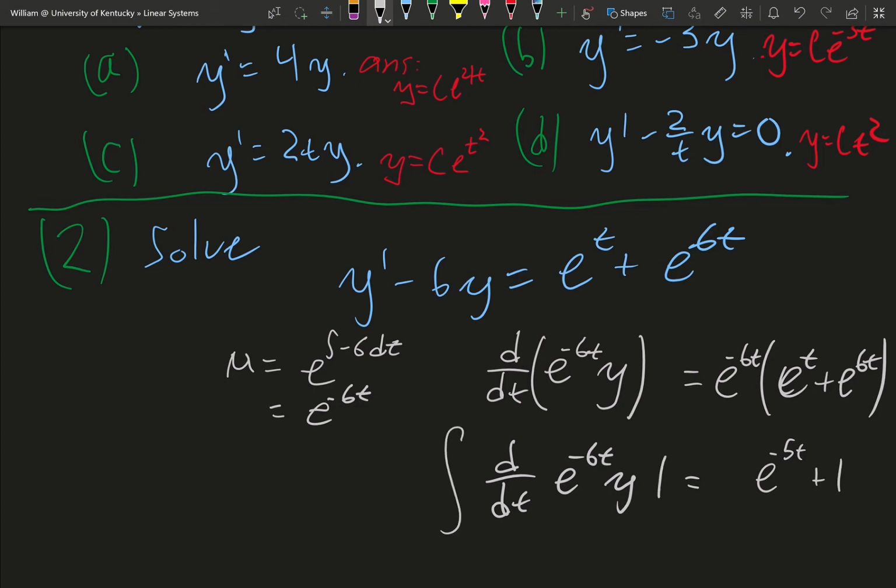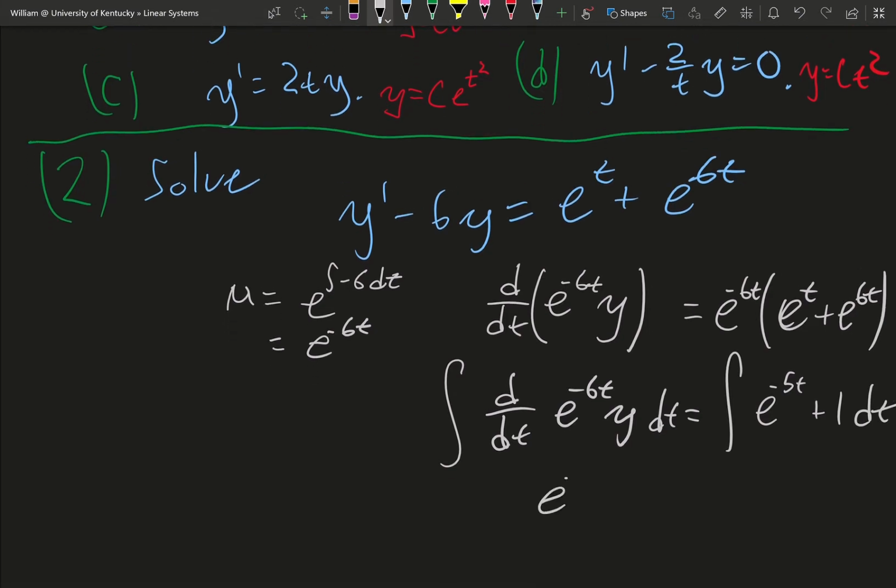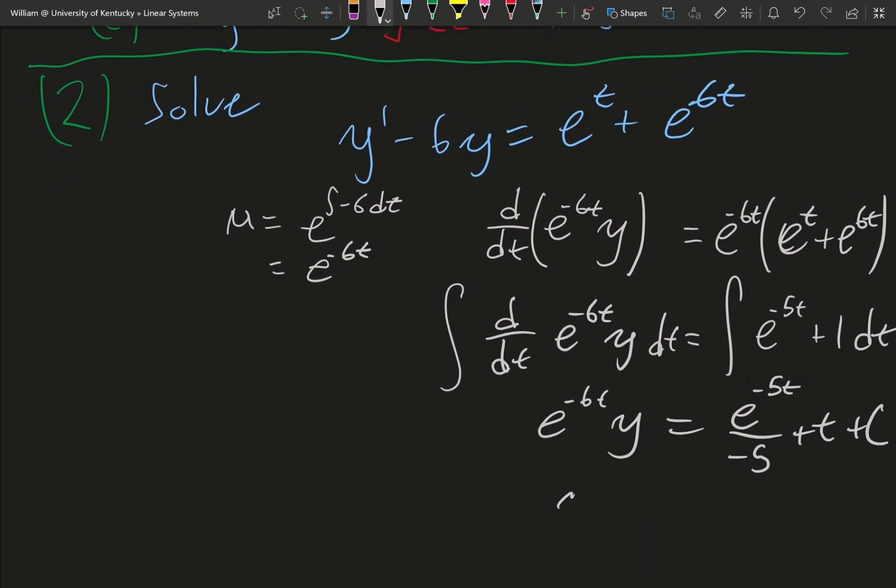Now to get rid of the derivative, we just integrate both sides. Here everything just cancels. Here we get e to the negative 5t over negative 5 plus t plus some constant c. Now just solving for y, we get as our final answer y equals e to the t over negative 5 plus t e to the 6t plus our constant c times e to the 6t.